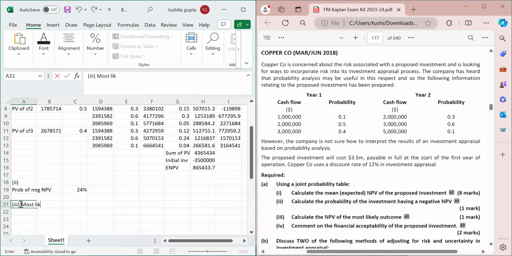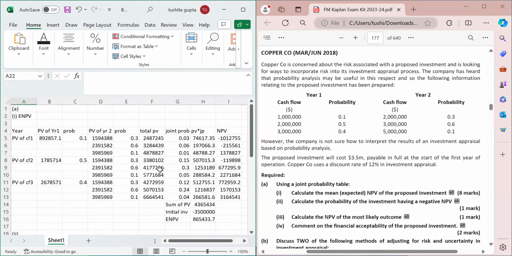Most likely outcome. The most likely outcome is that outcome which is the most likely; as you can see, the word itself means something which has the highest probability of happening. If you're anticipating your results, what is the mark that you are getting that has the highest probability?